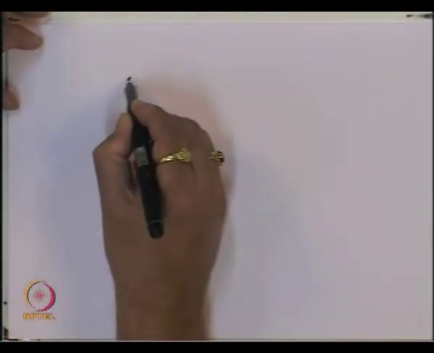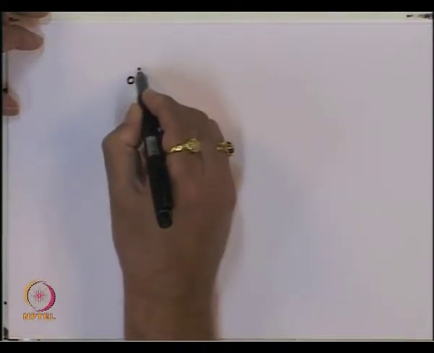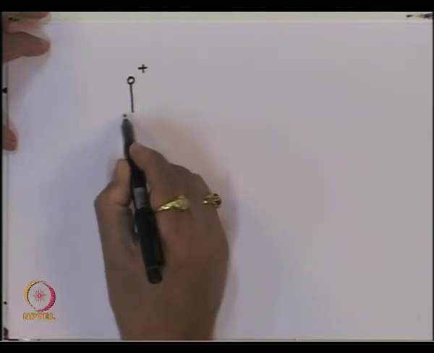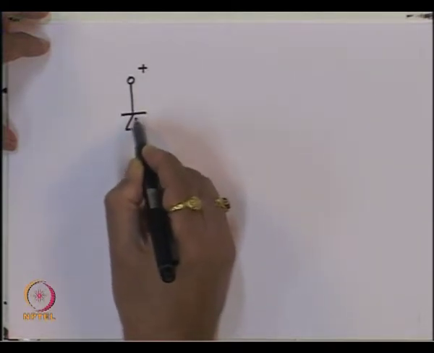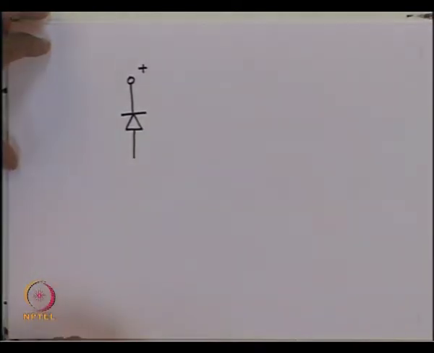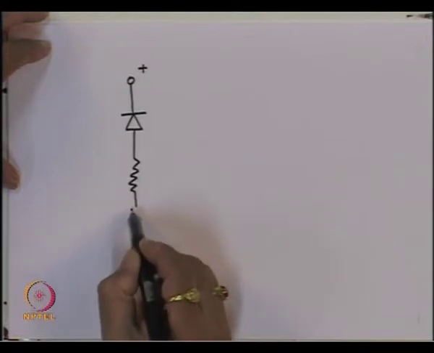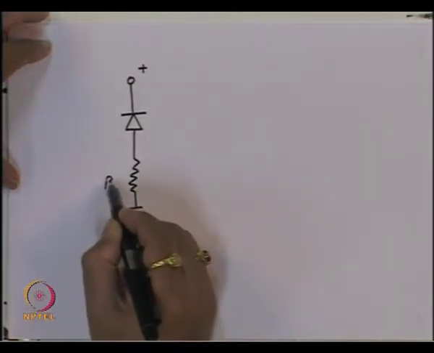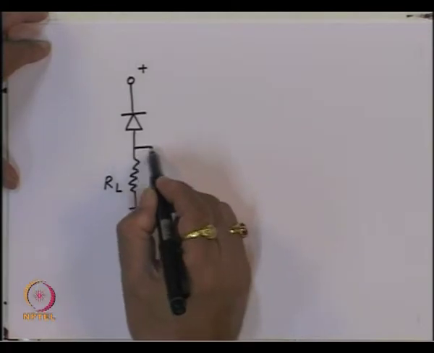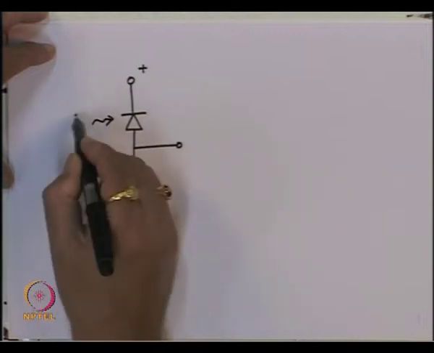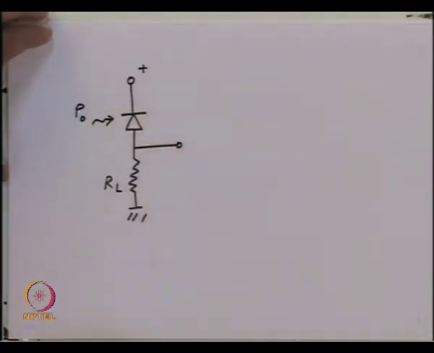So schematically, if you want to show, essentially we have a positive voltage source. You connect this to a photodetector, a photodiode, connected through a load resistance RL, and the voltage which you get here will be proportional to the optical power which is incident on the photodetector.